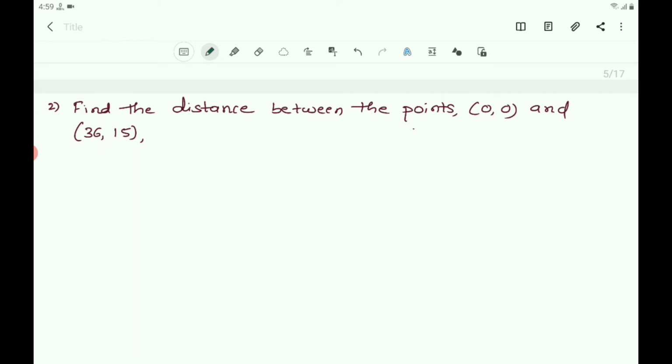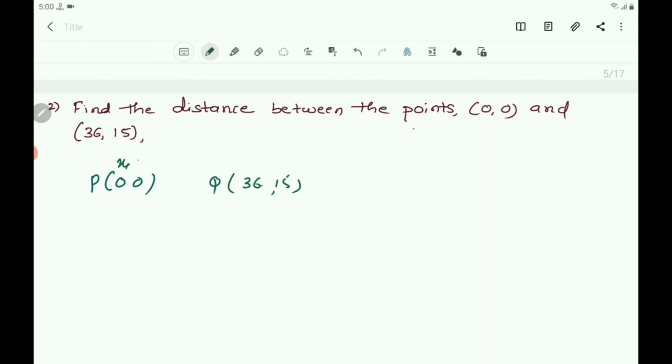You can use the distance formula between the 2 points P and Q, or you can also use the formula between the origin and a point. So you consider the 2 points P of 0 0 and Q of 36 15.